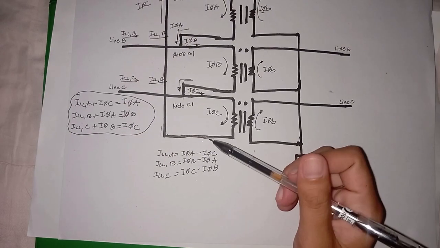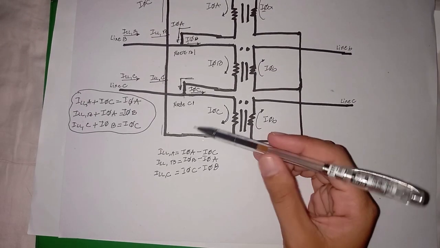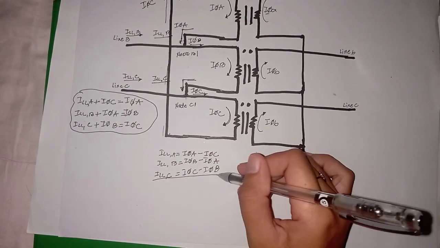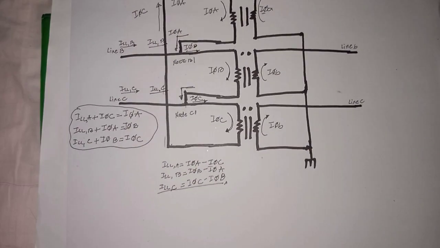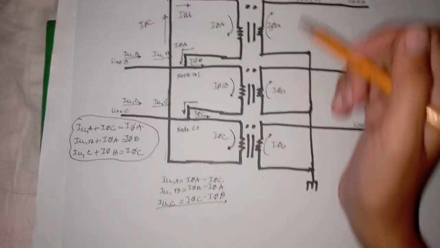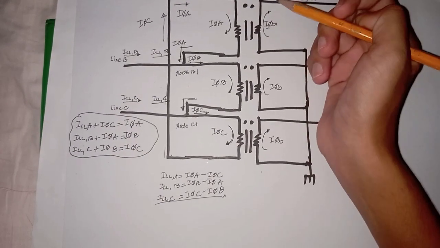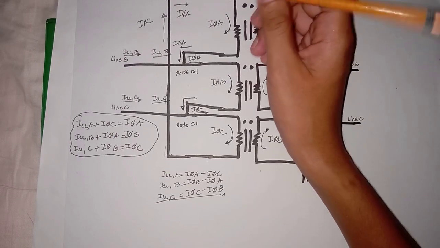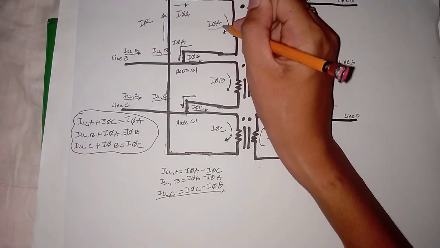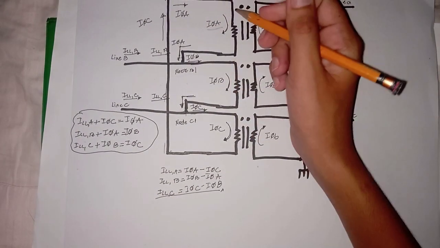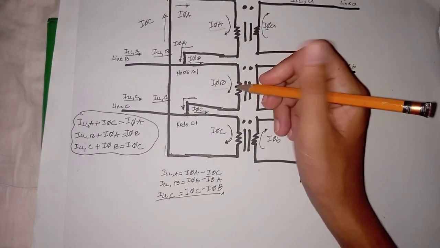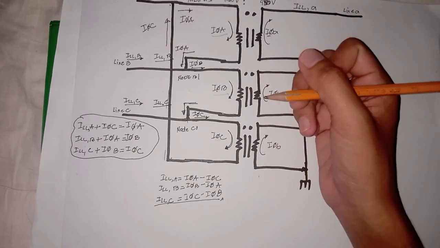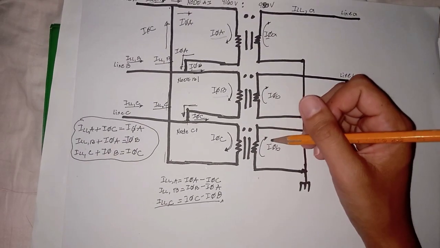So now that we've written our equations like this, our phase values are the currents that are flowing through our windings. So we're going to define phase A current, phase B current, and phase C current, and create a balanced system.